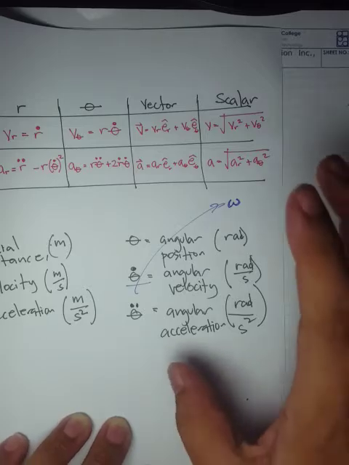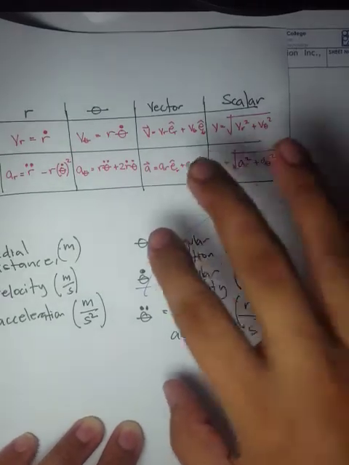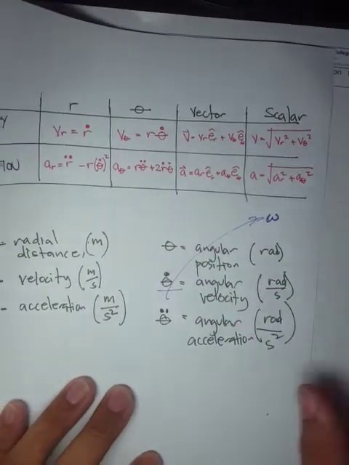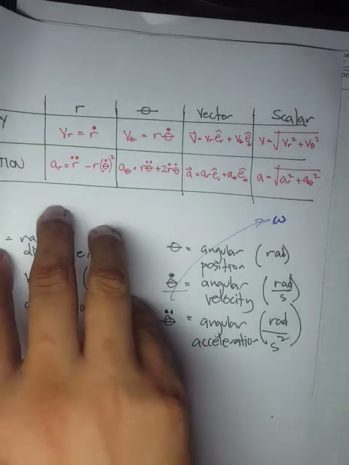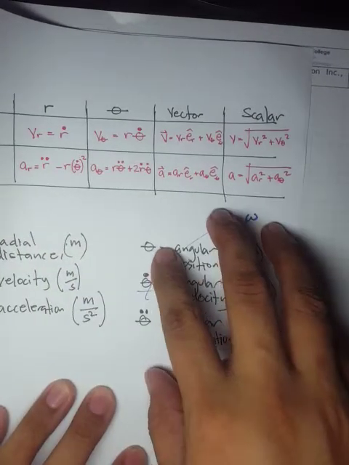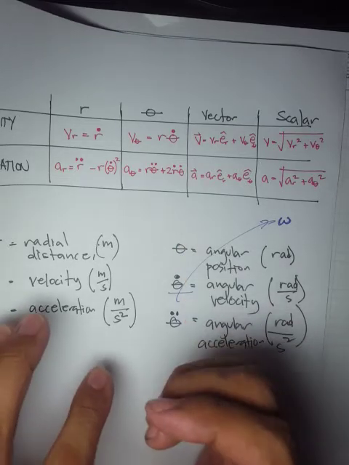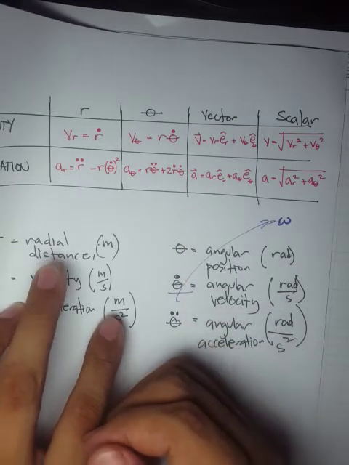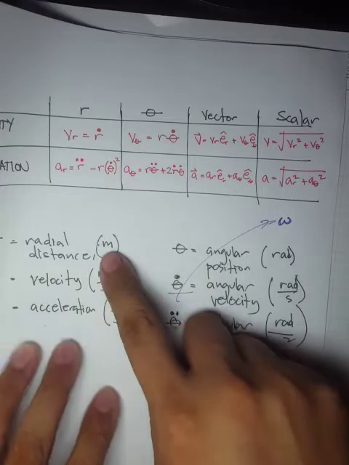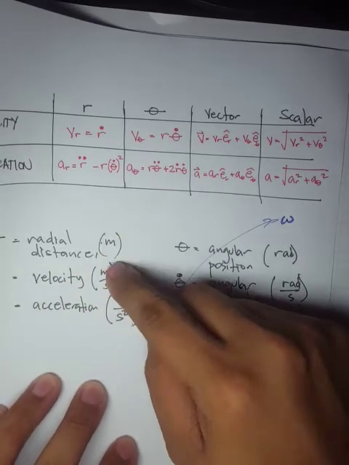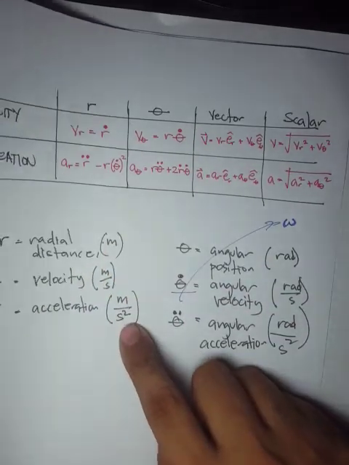So we are separating these linear components and these angular components. If the variables are in terms of linear components, then the units would be the typical ones, meters per second, and meters per second squared.